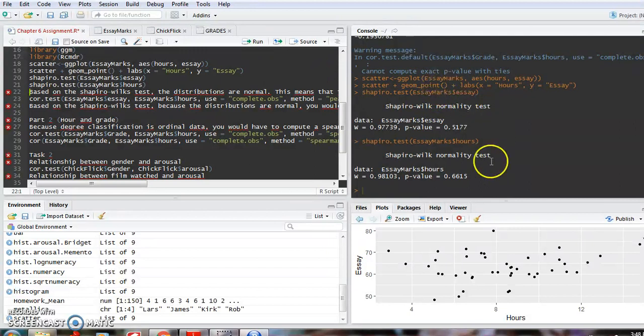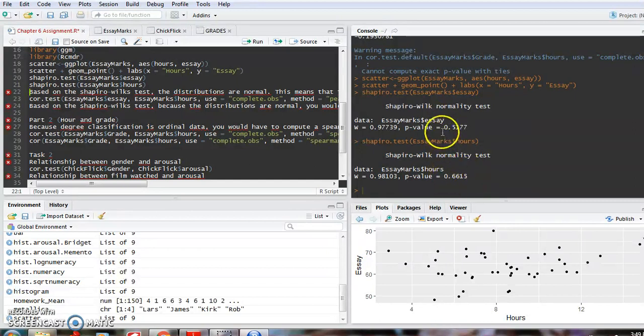From our test on essay, we see that we have a non-significant p-value of 0.5177. And for our hours, we have a non-significant p-value of 0.6615.